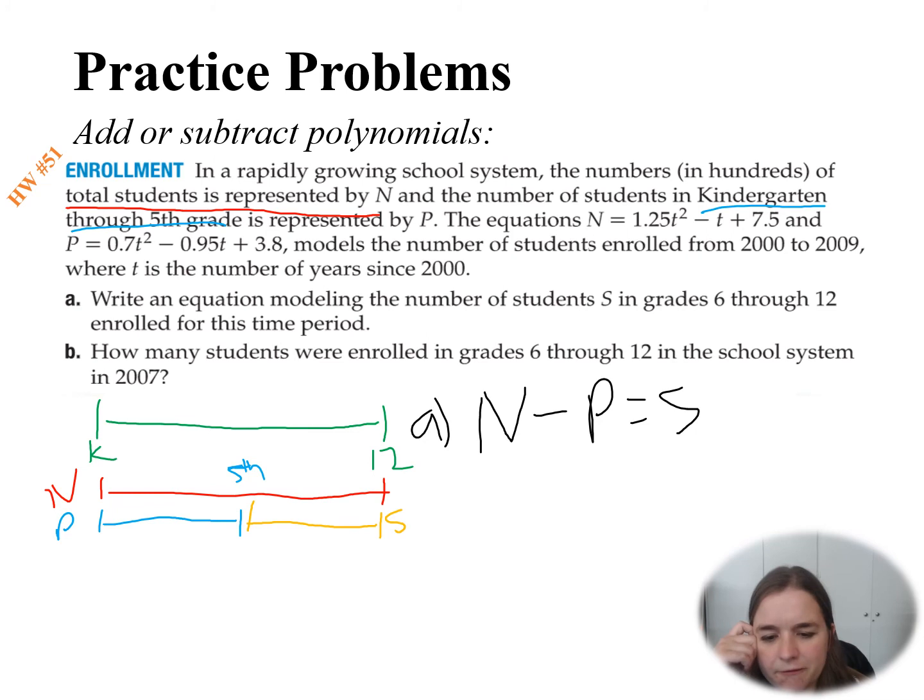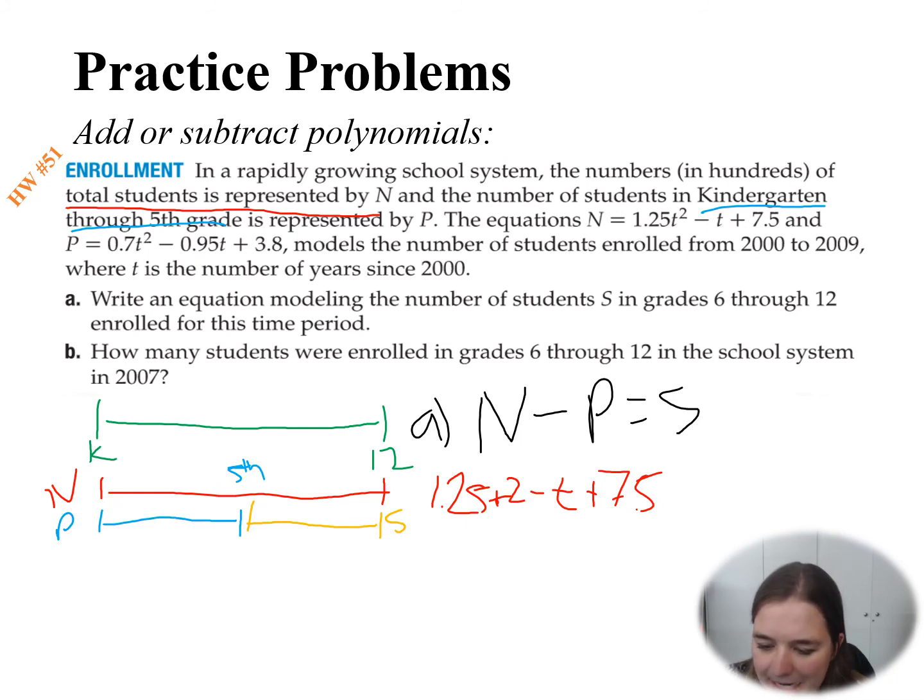Well, that's not quite enough for part A, because now what I want to do is take my equation for N and my equation for P and write a simplified version to find the equation for S. So N, let's use the same colors here. I had red for N. So the equation N is represented 1.25 t squared, there we go, minus t plus 7.5.